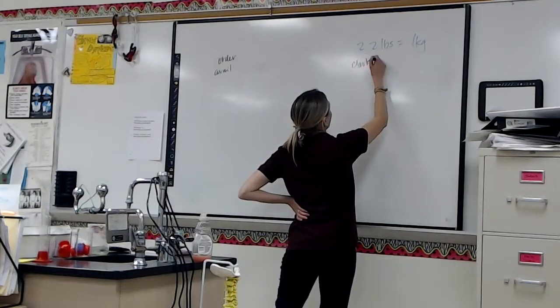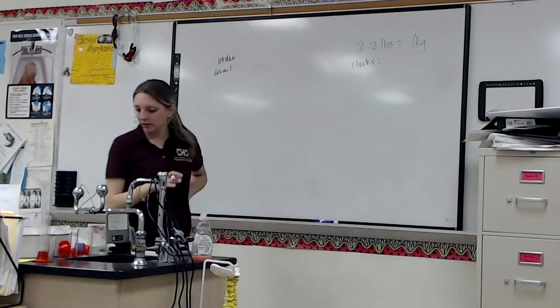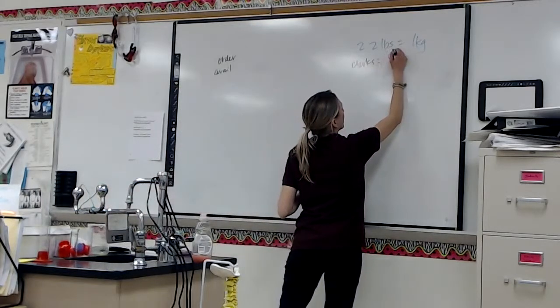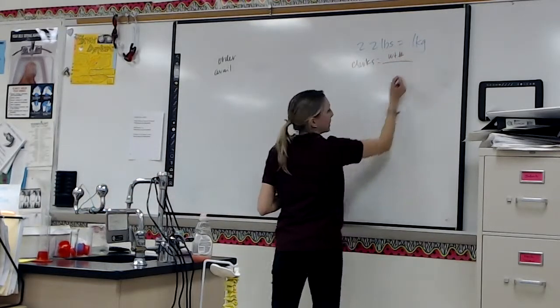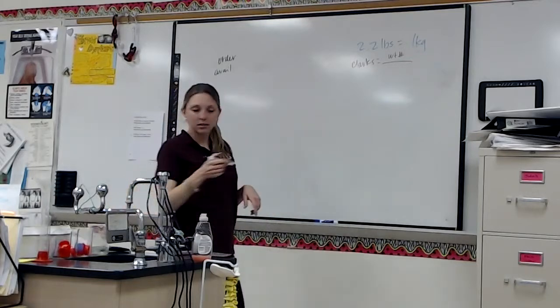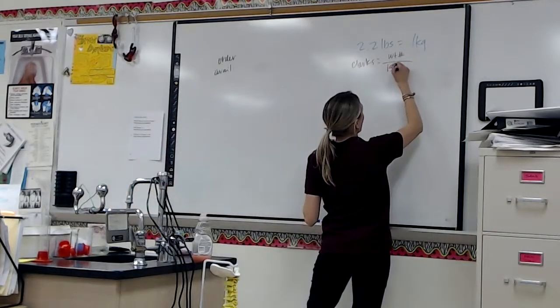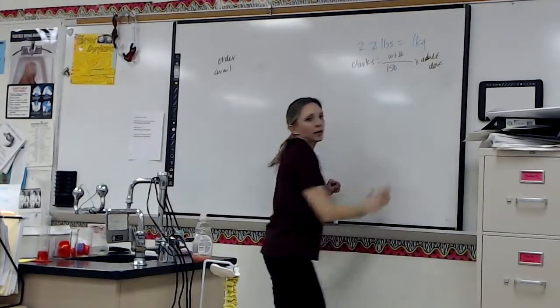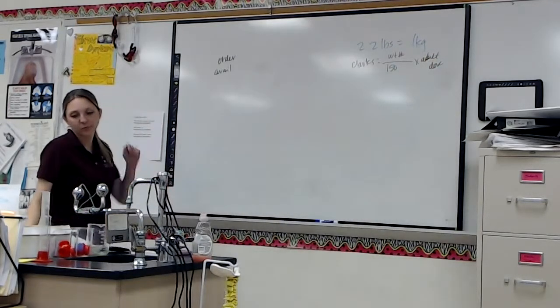So look at Clark's rule. We'll write it up here, and you can put it on your formula chart. Okay, that might be a good idea. So it's their weight in pounds divided by 150 times the adult dose. Okay, that's how you figure it out.